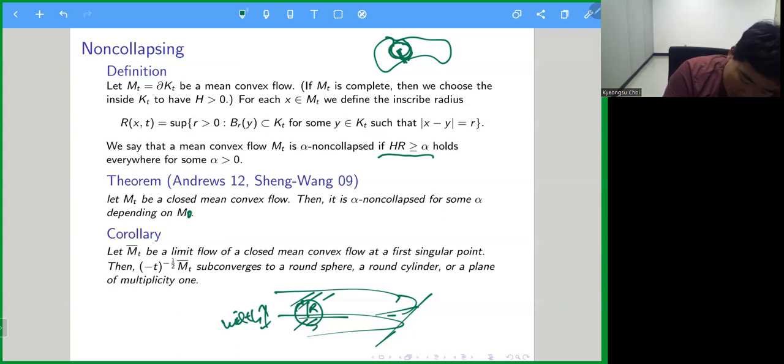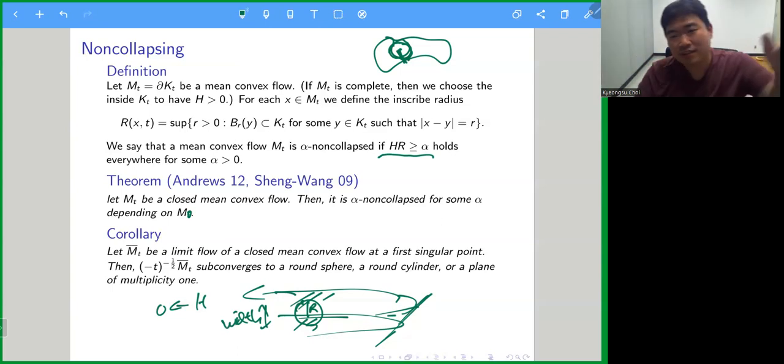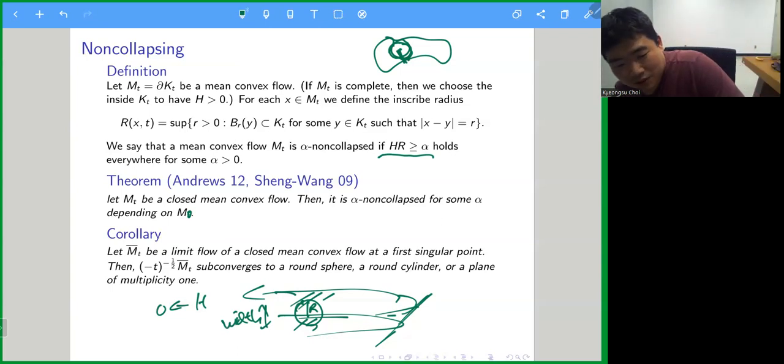However, if you run away from the central line, then H converges to 0. So H times R converges to 0 at infinity. So it's not alpha non-collapsed. If you have multiple planes, then you always have this property. So you can exclude the multiple plane case.